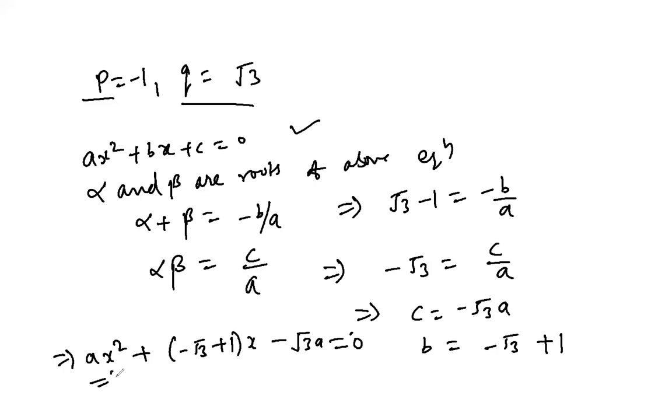So you can take the common a from each term, and then in the final equation you have x square, and if you want to take the minus sign outside the bracket, it will be root 3 into minus 1 of x, and then here is minus root 3 equals to 0. So this is the answer.